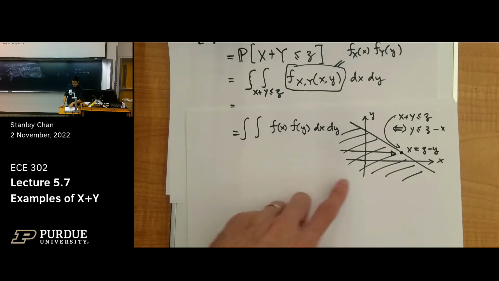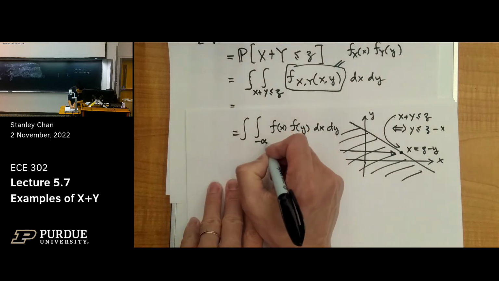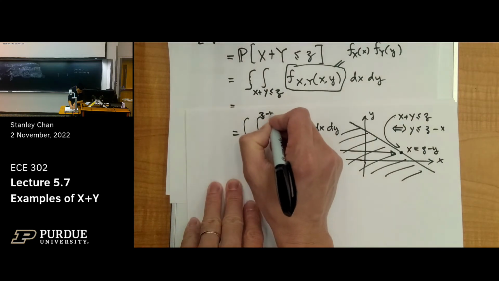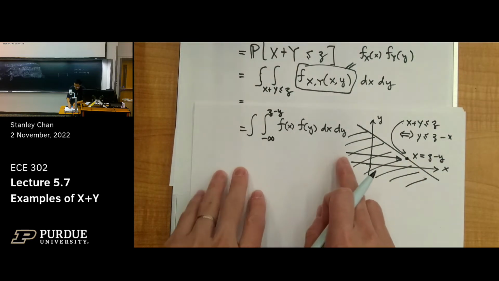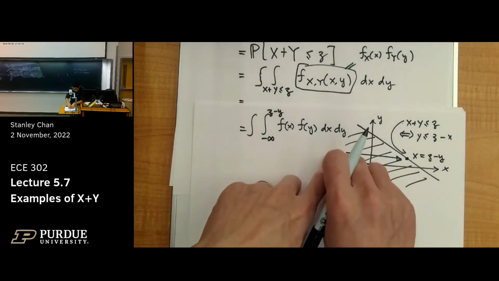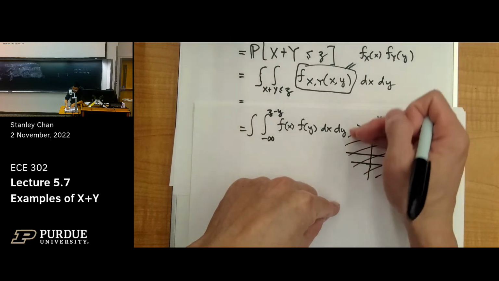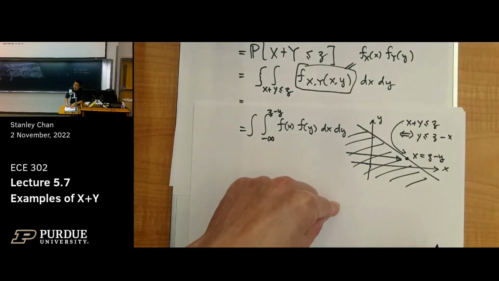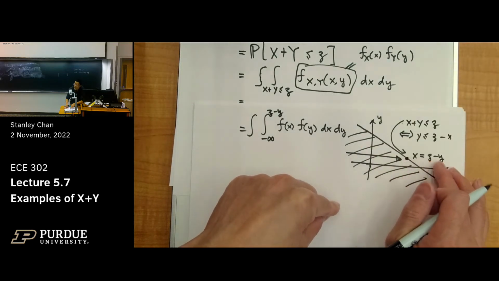The lower limit will be -infinity. So you will go from -infinity to z minus y. So that's the horizontal scan. For any specific y, I'm going to run a horizontal scan. And then I'm going to run many horizontal lines from -infinity up to infinity to cover all the possible y's.